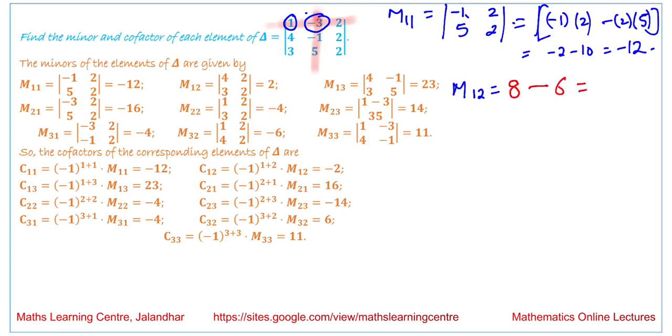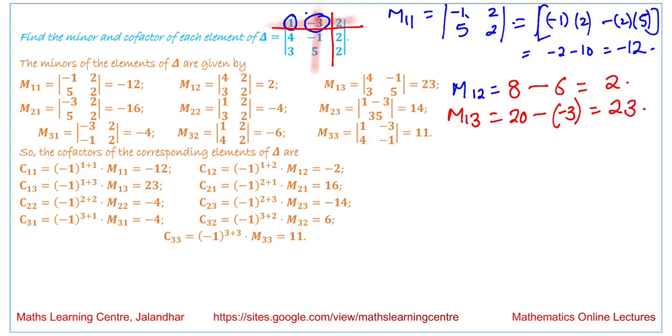The answer we obtain is 2. When we are calculating M13, we are neglecting the first row and the last column, and we are left with 4, minus 1, 3, 5. When we multiply, 4 fives are 20 minus, it is minus 1 into 3, which is minus 3. The answer we obtain is 23.